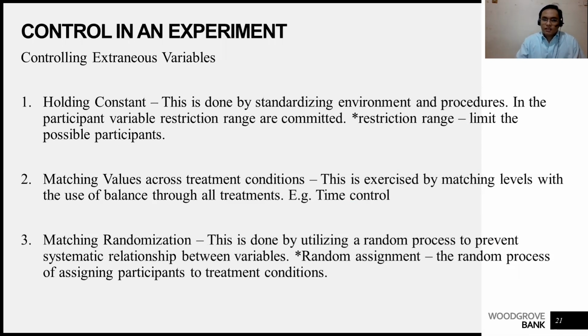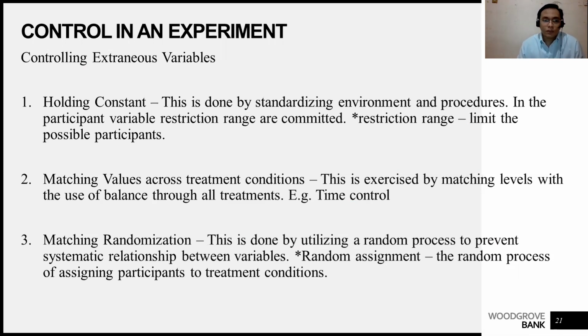What do we mean by restricted range? Restricted range limits the possible participants by gender, by age, by IQ, by personality, or by mood. Number two, matching values across treatment conditions. This is exercised by matching levels with the use of balance through all treatments.